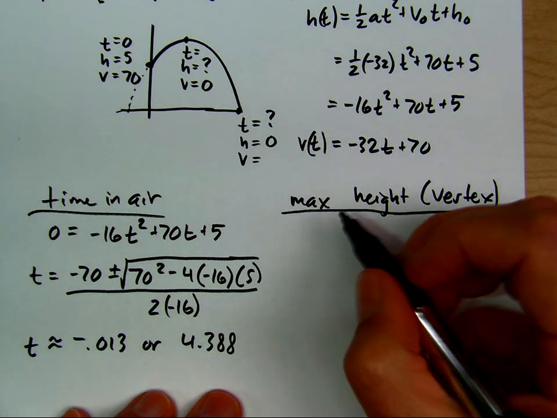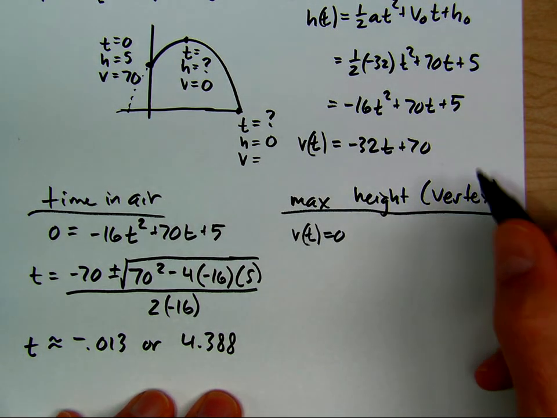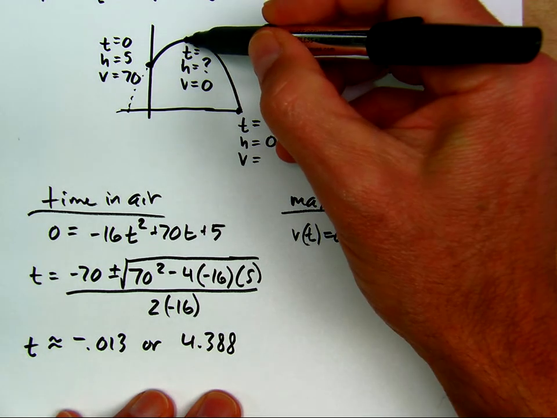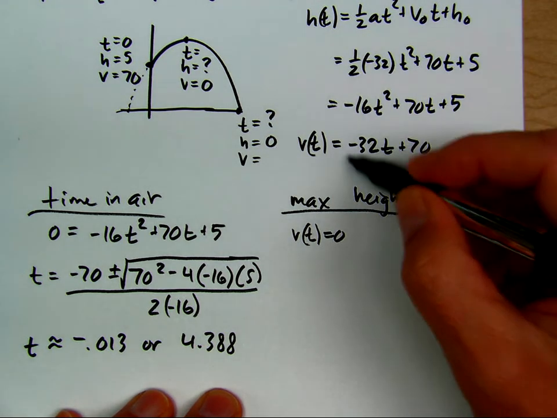For the maximum height, we can use calculus, but we don't have to. To use calculus, we would want to find out when the velocity is 0. The maximum height has a velocity of 0, so we could use this and just set that equal to 0.